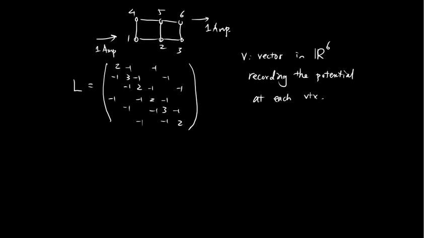So basically we call that V1, it is the potential there, V2, V3, V4, and we know if the potential V1 is higher than V2, then the flow will go from left to the right. The potential will flow from higher to lower. In this case, V is just equal to a vector, V1 up to V6.